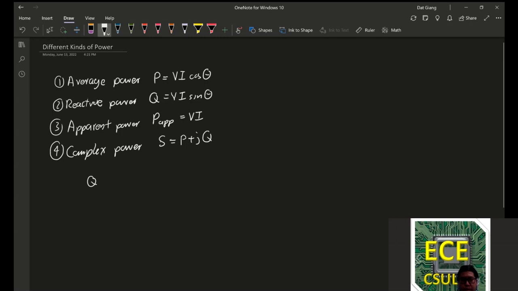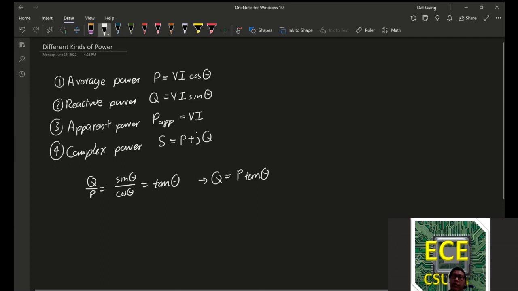If we take the ratio Q divided by P, VI will cancel out, and we get sine of theta over cosine of theta, equal to tangent of theta, or that Q is equal to P tangent of theta.